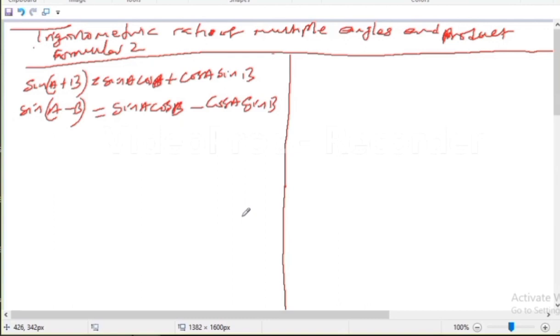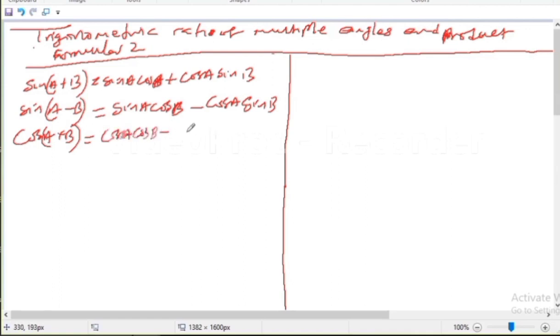And for sine, it's sine that comes first, then cos, then on the other side cos first, and so easy to memorize, and it is the fundamental formula for all the subtopics under this topic.